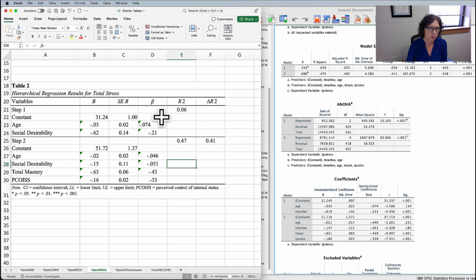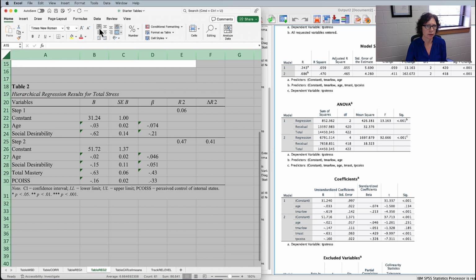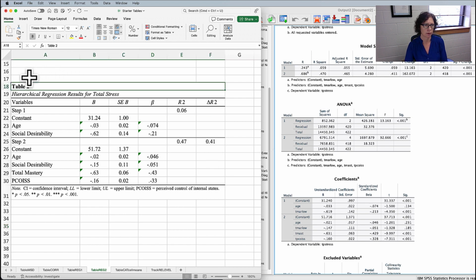So anything that I put an apostrophe in front of, the Excel does not recognize it as a number. So I have to remember that. Center everything. I'm going to make sure everything is to the top. And that looks like everything I need for crossing this to my Word document.